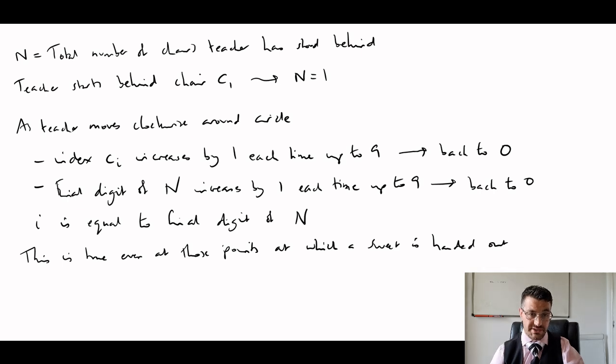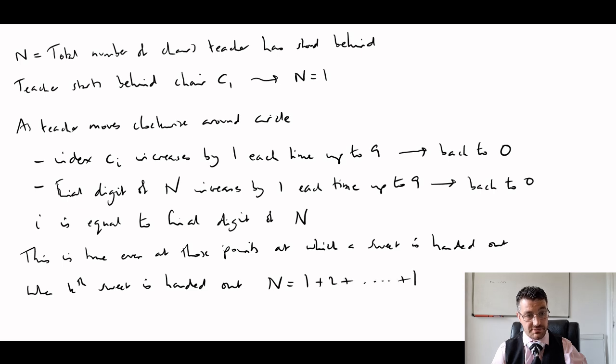Again, we refer back to the diagram, and this is where this might actually become part of your solution, part of your explanation. When the kth sweet is handed out, n is equal to 1 plus 2 plus up to k, which equals k times (k plus 1) over 2.